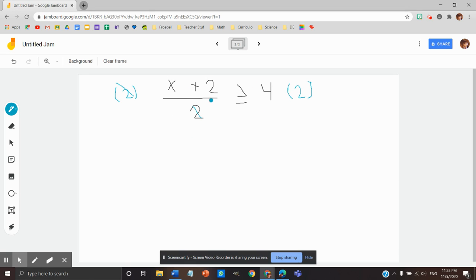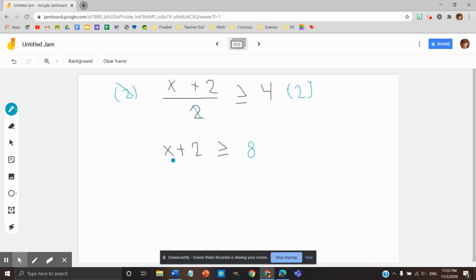In my left side, I'm going to be left with x plus 2. And because we multiply by a positive number, my inequality stays the same. And on the other side, I have 4 times 2, that's 8.